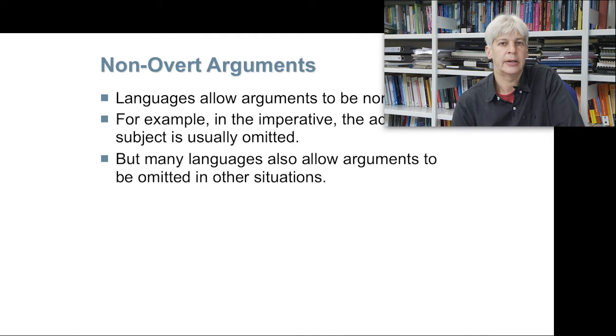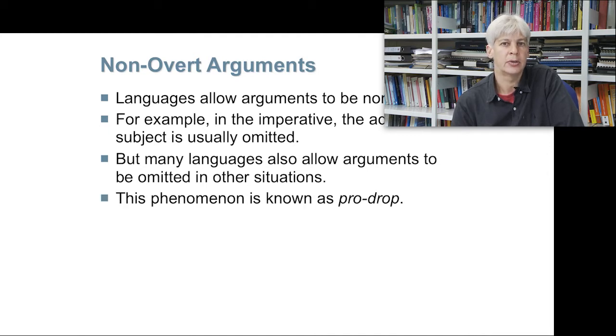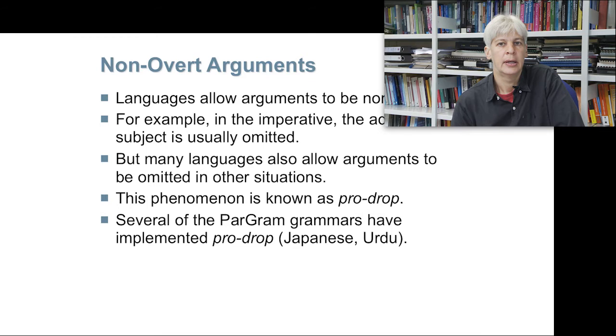Languages also allow arguments to be omitted in other situations. This phenomenon is known as pro-drop in the linguistic literature. There's a huge literature around this. Several of the ParGram grammars have implemented pro-drop. So Japanese and Urdu allow any argument to be dropped.